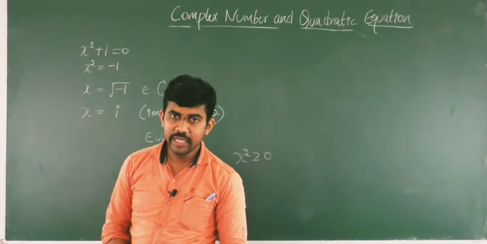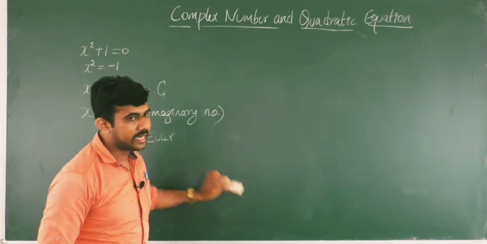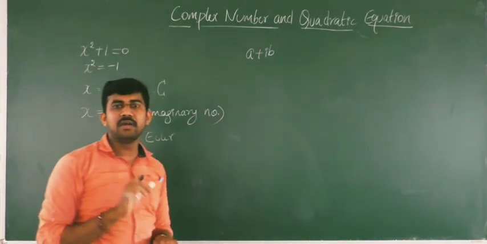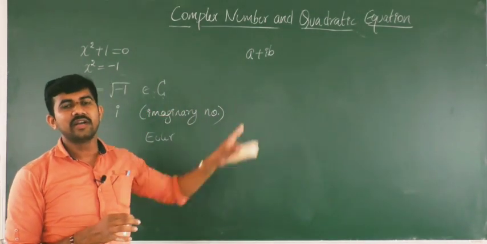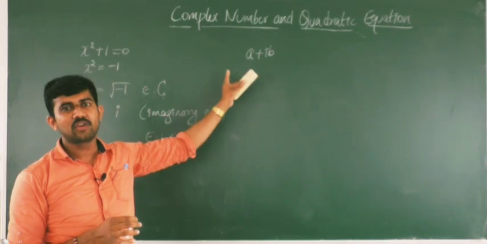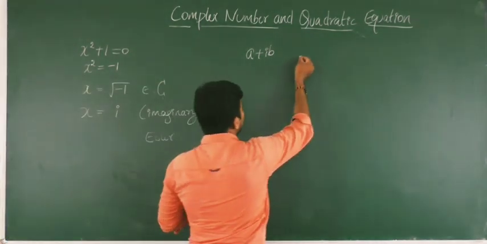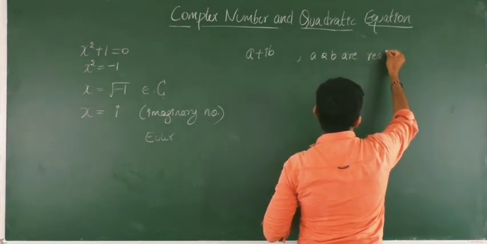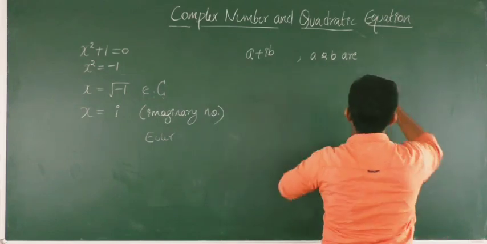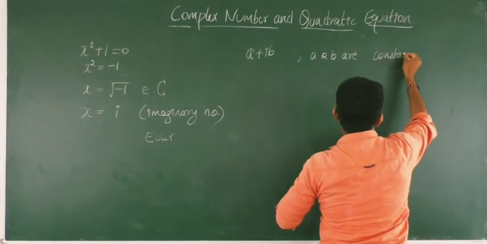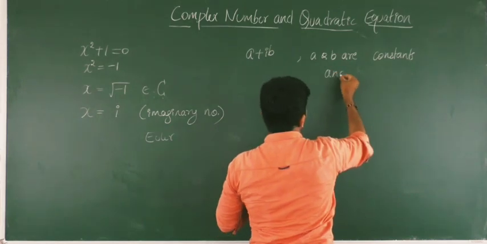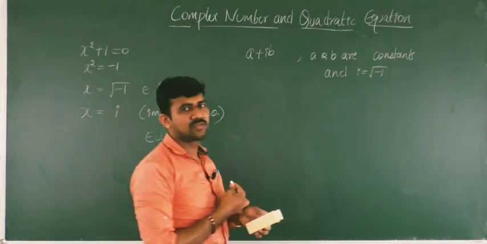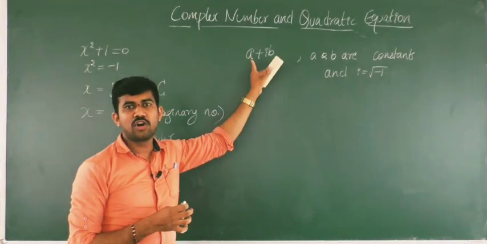See, a number of the form a plus ib is called a complex number, where a and b are real numbers or any constants, and i is equal to root of minus 1.